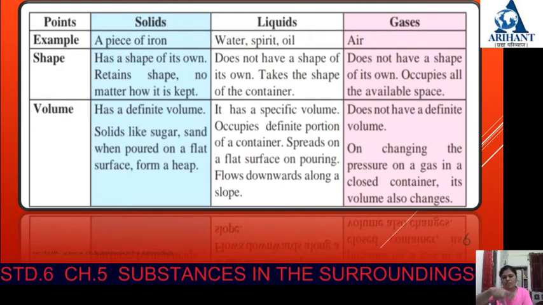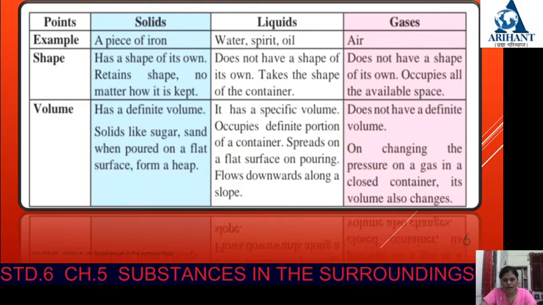Water takes the shape of that bowl, that is a circular shape. So liquid has no definite shape, and it takes the shape of the container, or the specific pot in which we are adding the liquid.